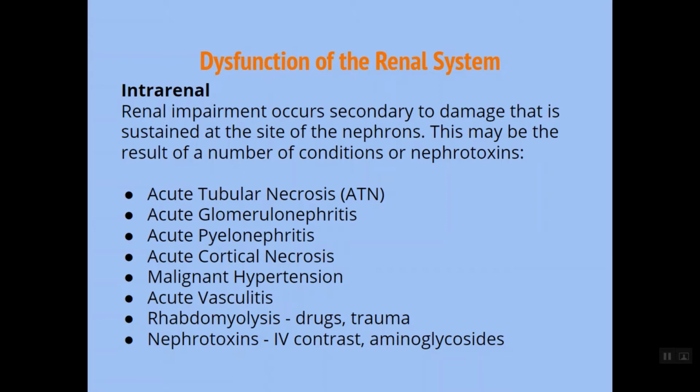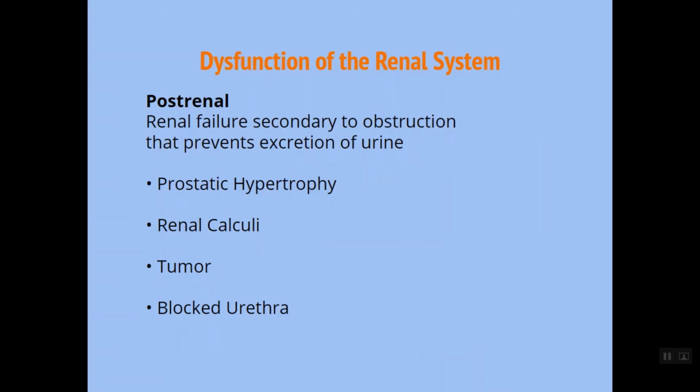This could be due to acute tubular necrosis, glomerulonephritis, pyelonephritis, acute cortical necrosis, malignant hypertension, acute vasculitis, rhabdomyolysis, or nephrotoxins such as IV contrast and aminoglycosides. Post-renal failure is secondary to obstruction that prevents the excretion of urine. So this could be in patients who have BPH, renal stones, tumors, or blocked urethra.